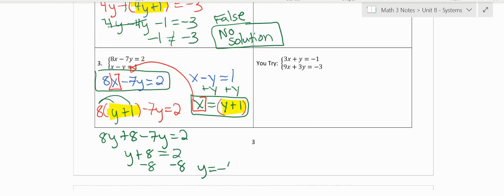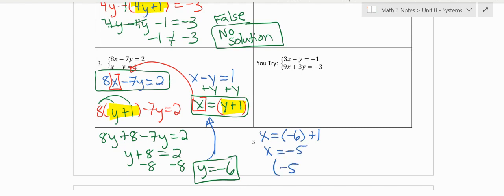So y is negative 6. And then substitute it back in. It's usually easiest to substitute into the equation that already has a variable by itself. So if I substitute that in, I would get negative 6 plus 1, or negative 5. So my solution is negative 5, negative 6.